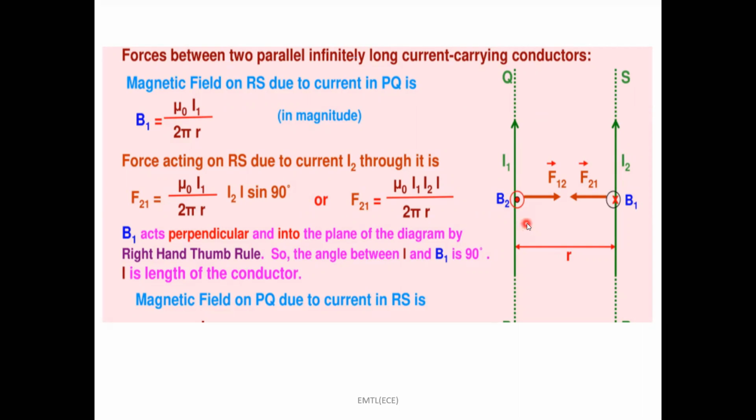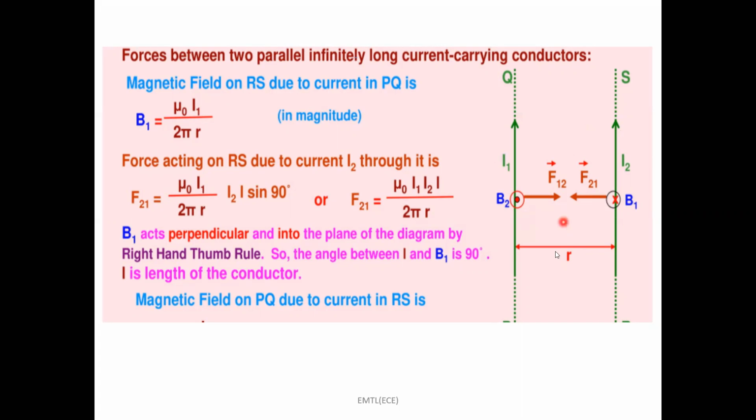Now, here, whenever a current carrying conductor carries current, it produces a magnetic field.